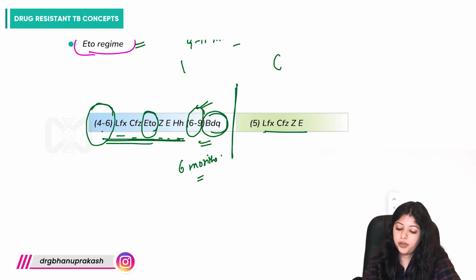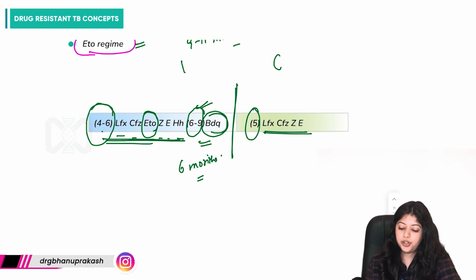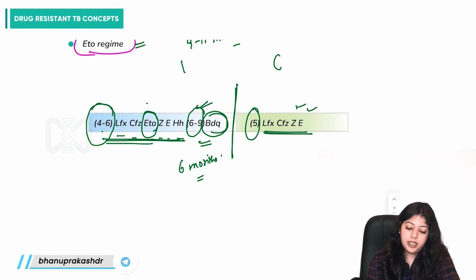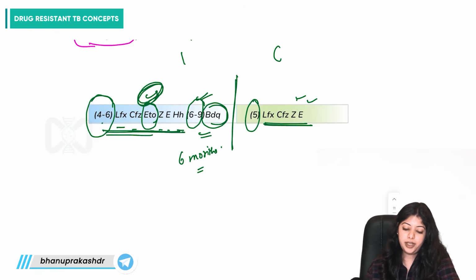The last 4 drugs are the same as in the linezolid regime: levofloxacin, clofazimine, pyrazinamide and ethambutol. So ethionamide is what is included in this ETO regime.